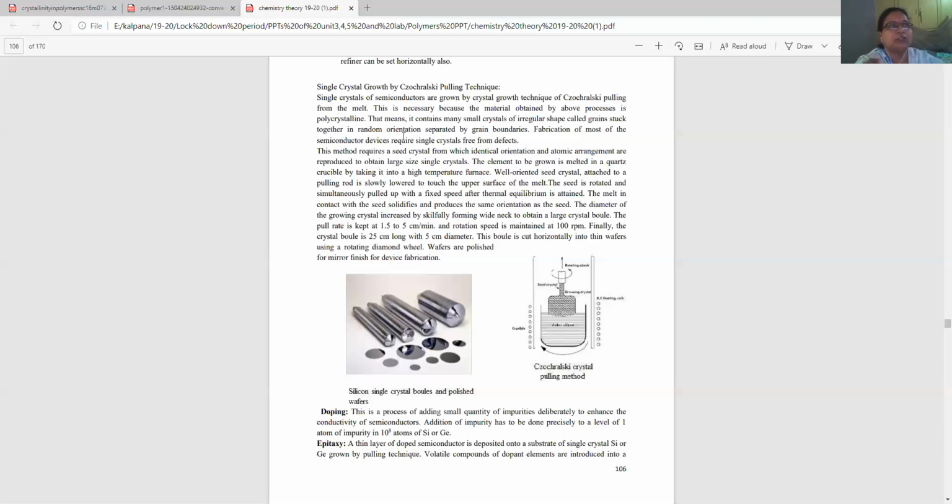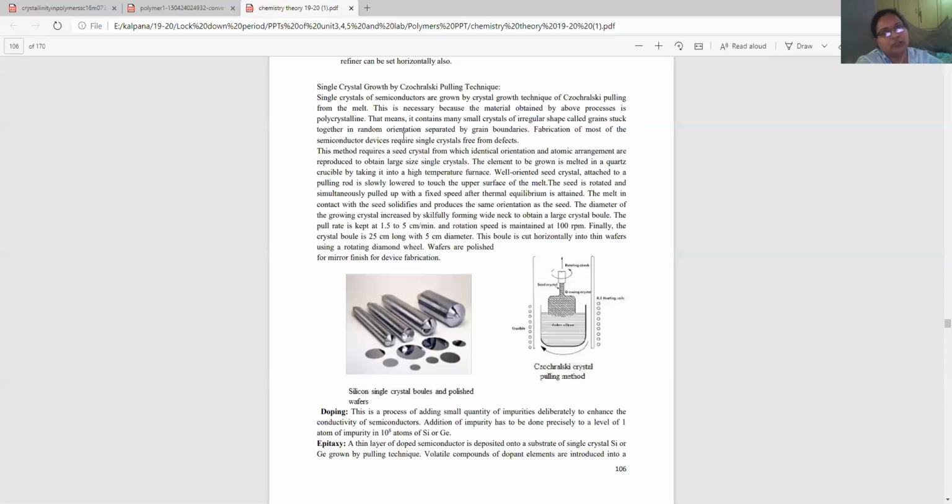So this method requires seed crystals from which identical orientation and atomic arrangement are reproduced to obtain large single crystals. As we know, for preparation of yogurt, we take curd and dissolve that in milk, and then we keep it aside.